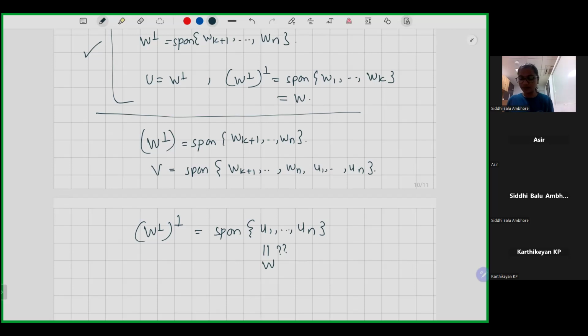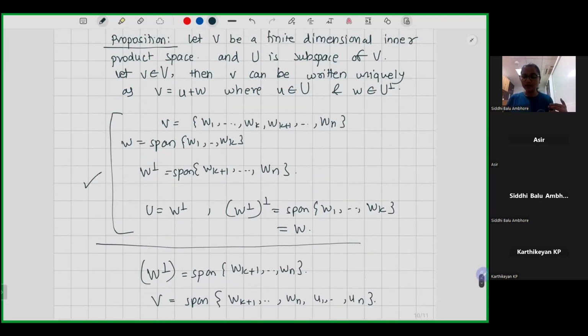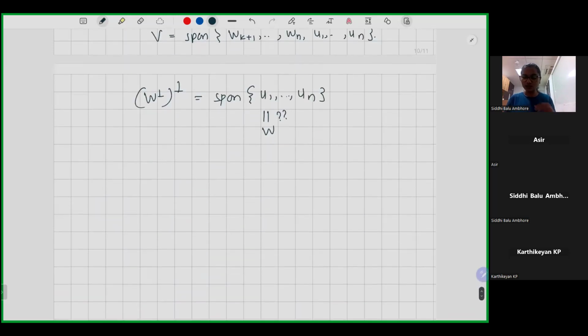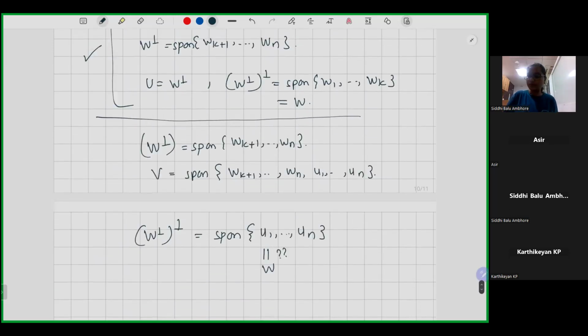Yes, but that is a particular example. In general, can we always do this? Proving that this will form W is a bit different. This definitely forms W perp, but do these vectors always span W again?